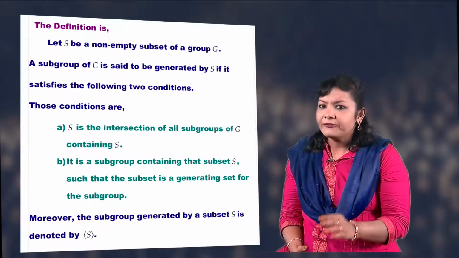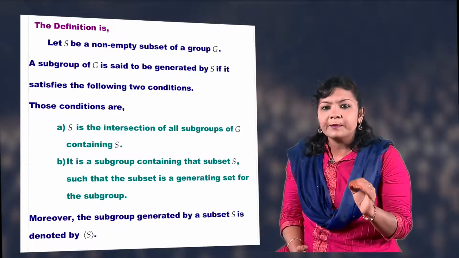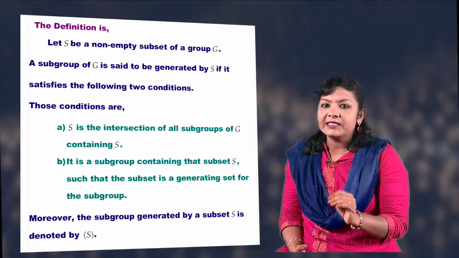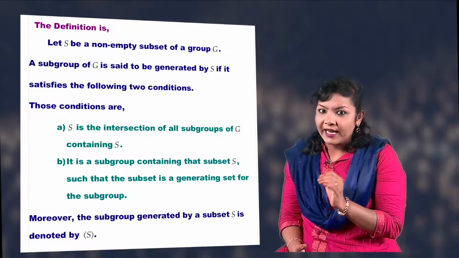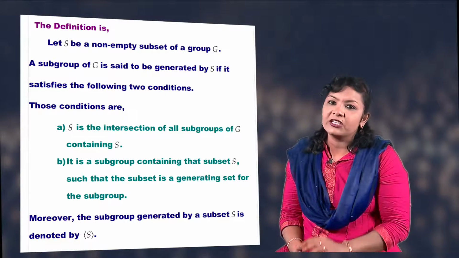Some more interesting facts about the generating sets of different groups are also discussed briefly. Now, let us see the definition first. The definition is: let S be a non-empty subset of a group G. A subgroup of G is said to be generated by S if it satisfies the following two conditions.